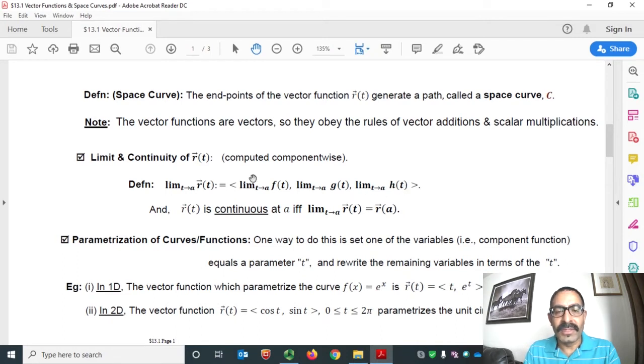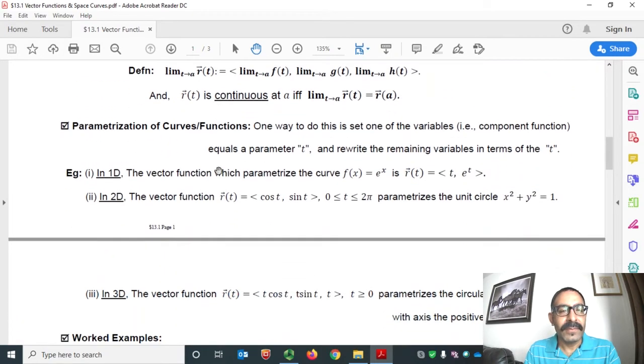If any one of these limits of the component functions does not exist, then the limit of our vector function does not exist. Similarly, a vector function r(t) is continuous at t equals a if and only if the limiting value of the vector function at t equals a equals the function value of the vector function at a.